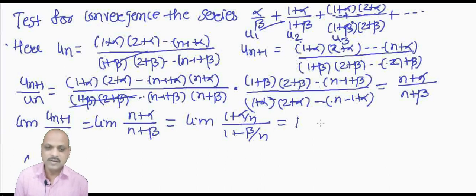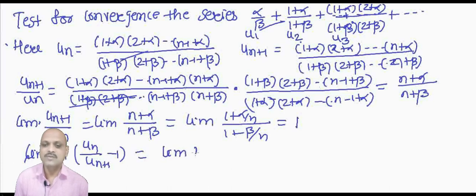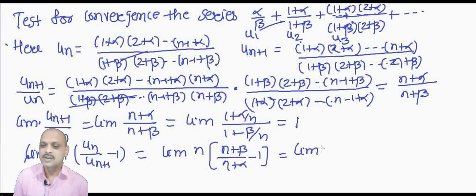Now let us take the limit of n into un divided by un plus 1 minus 1, equal to the limit of n into, already we have this un divided by un plus 1, and that will be n plus beta divided by n plus alpha minus 1. This is equal to the limit of n into n plus beta minus n minus alpha divided by n plus alpha.